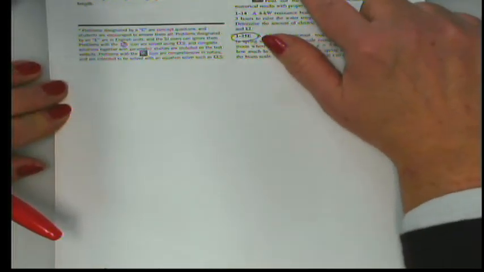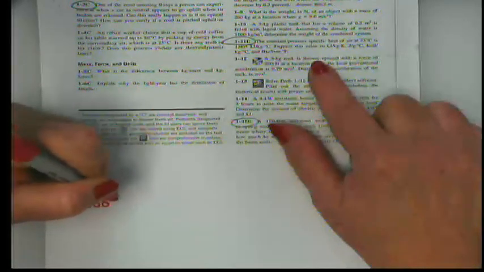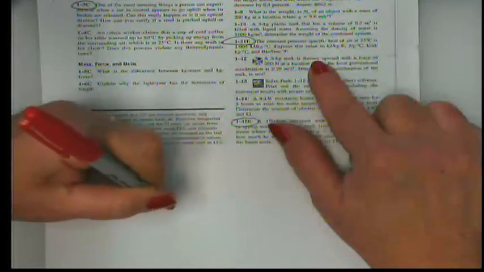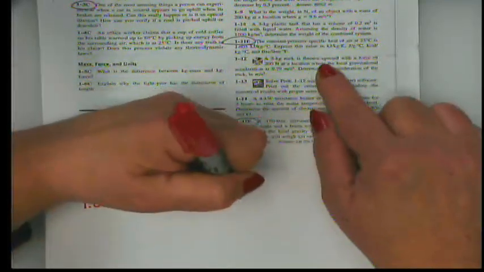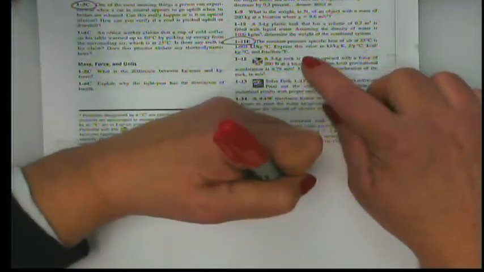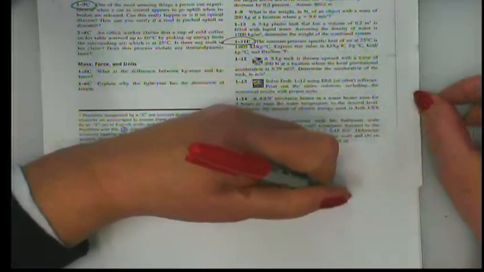Okay, so what we're going to do then, I'm going to widen this out a little bit. And we're going to start with our value of 1.005 kilojoules per kilogram degree Celsius, and we want to change that into BTU per pound mass degree Fahrenheit.